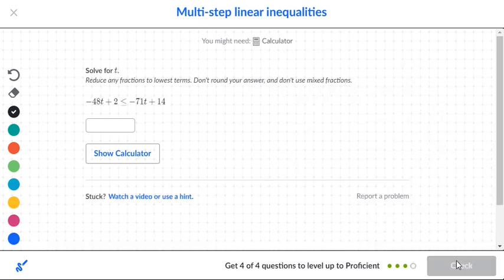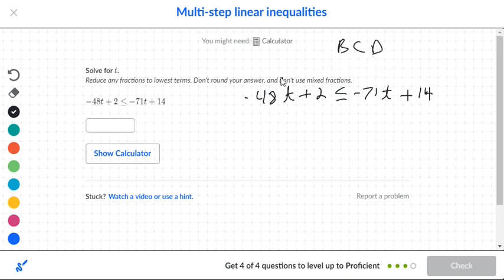Okay, next question. We got negative 48t plus 2, inequality sign, negative 71t plus 14. So what we're going to do is BCD. Circle our letters, box our numbers.